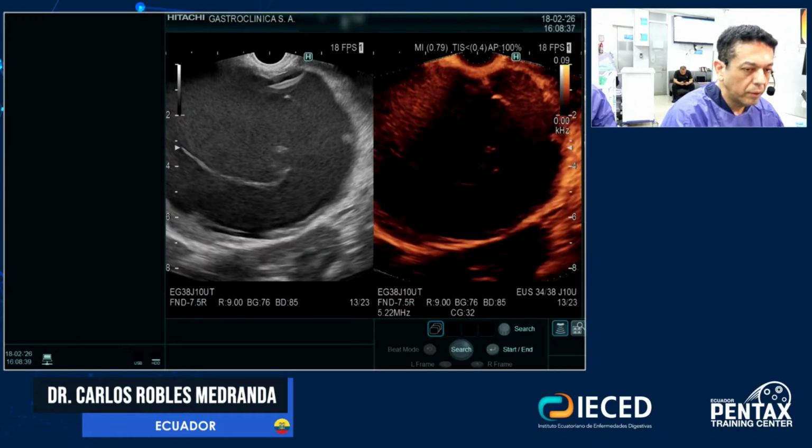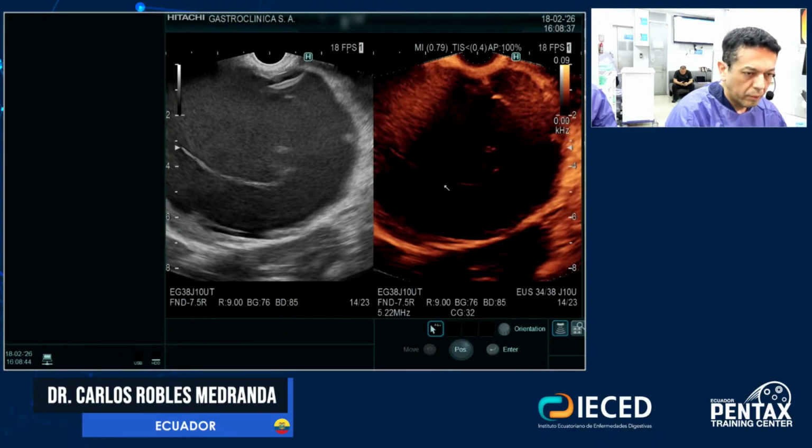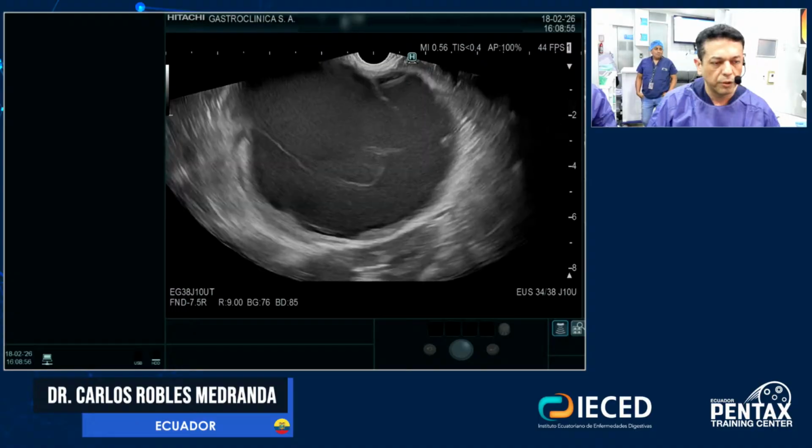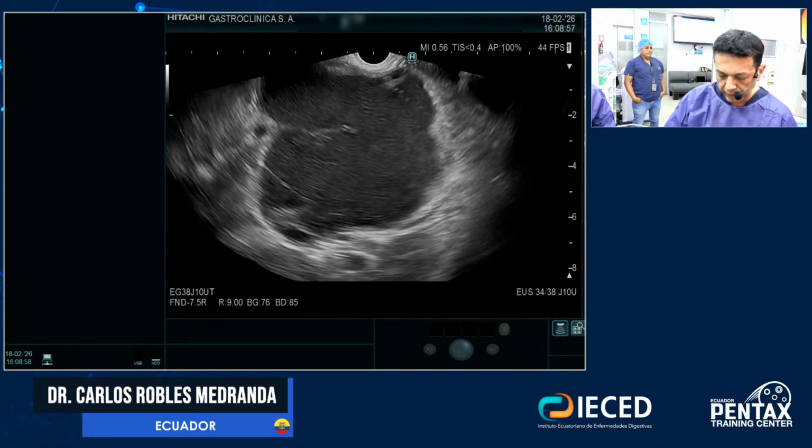You can see here, look, very clear. Wall. You can see here, you see, very clear microvascularization. So I confirm that this lesion is not a pseudocyst for sure, and we need to obtain tissue.